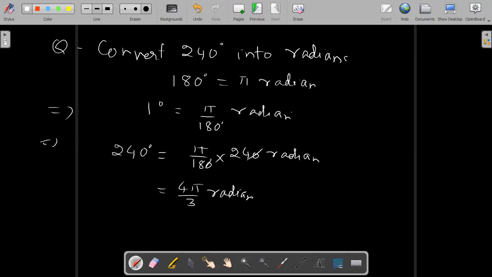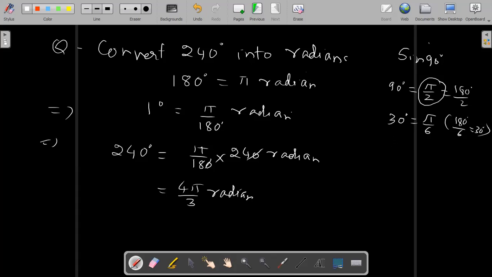Generally, in previous classes we have seen sin 90 degrees, we used to write 90 degrees, and 90 degrees is equal to, in terms of pi, we can write pi by 2. Why pi by 2? Because I told you that pi is 180 degrees, divided by 2 is equal to 90 degrees. Similarly, 30 degrees we can write as pi by 6, because 180 divided by 6 will be equal to 30 degrees. Similarly, 60 degrees is pi by 3.